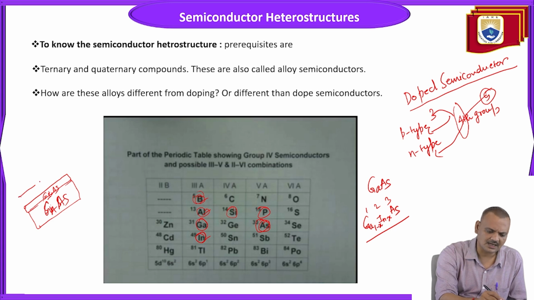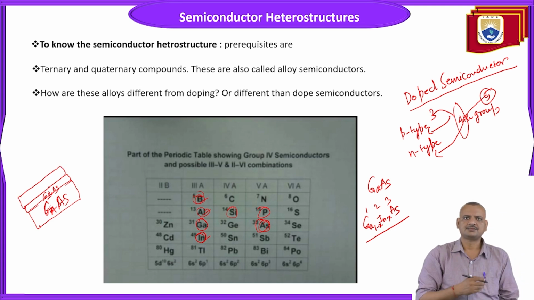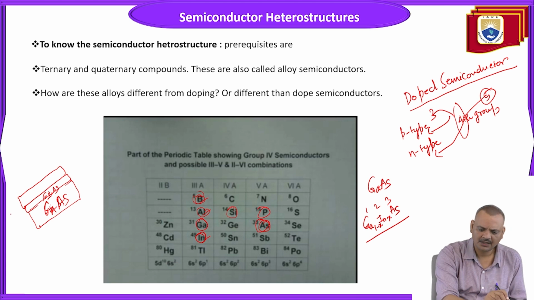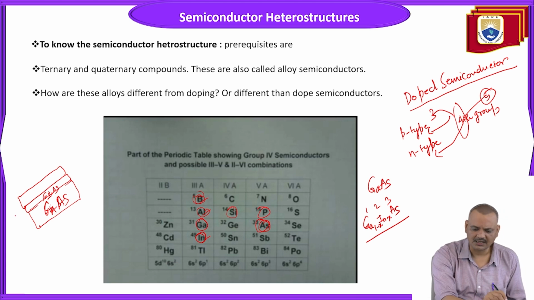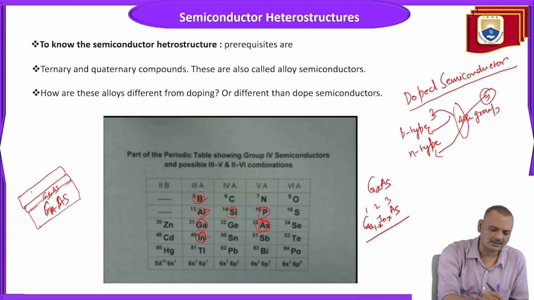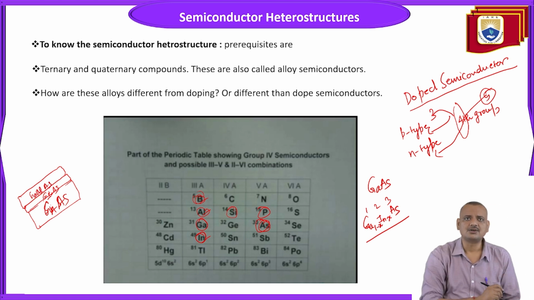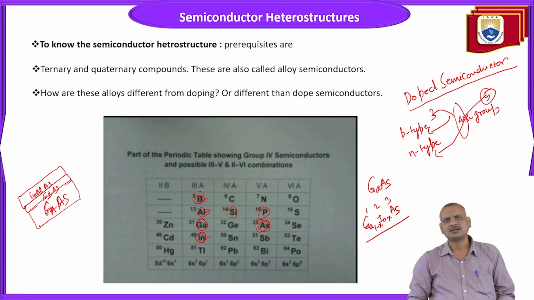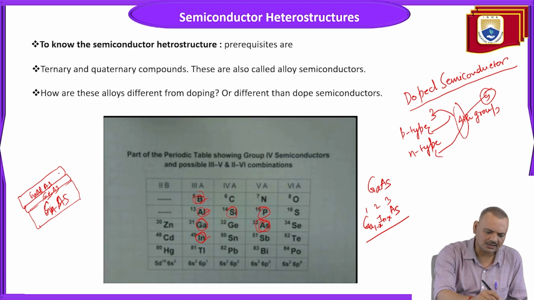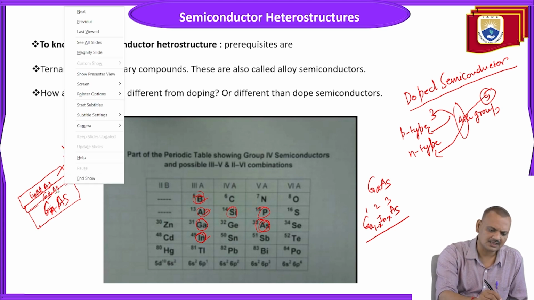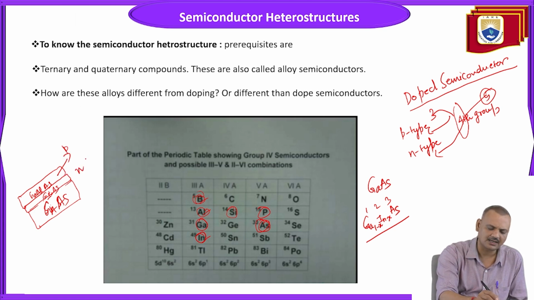Make a second layer over this gallium indium arsenide, let's suppose gallium aluminum arsenide. So such a type of growth. Let's suppose this gallium aluminum arsenide is acting as P type, and this gallium indium arsenide is maybe acting as N type.